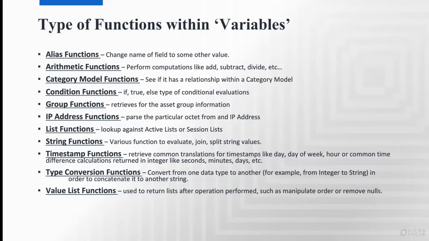These can be chained across from one to the next, referencing each other until such time that you get to the final derived value that you're going to use within your content.